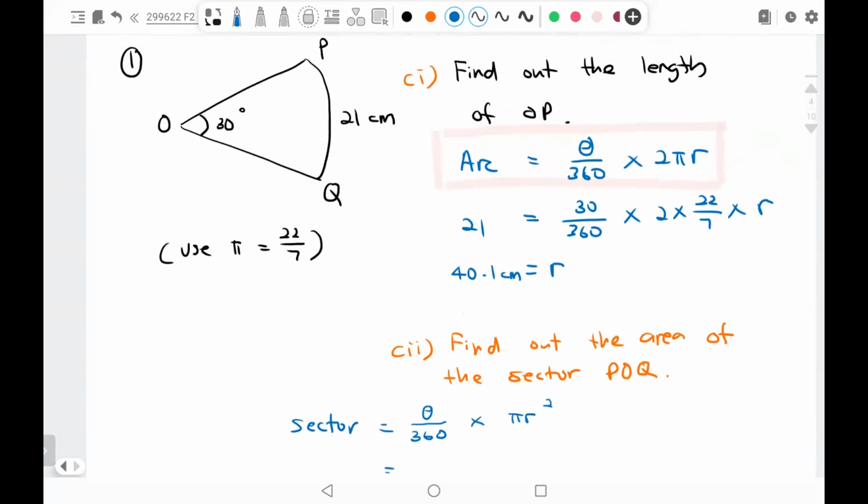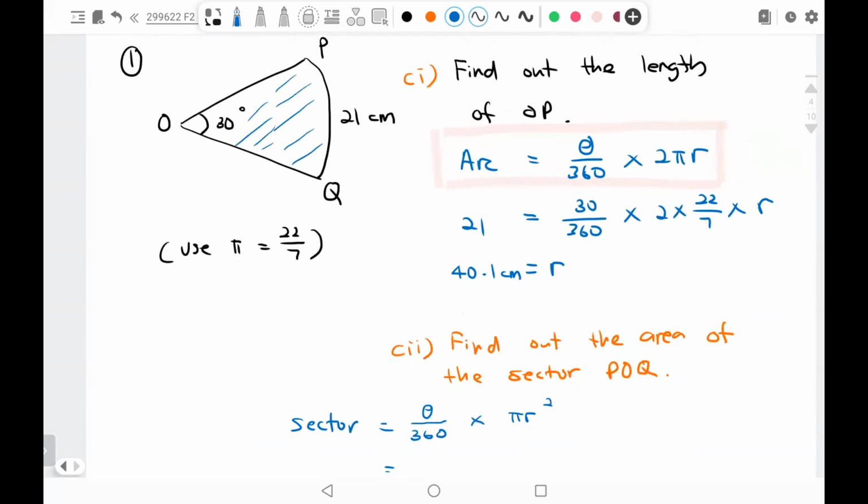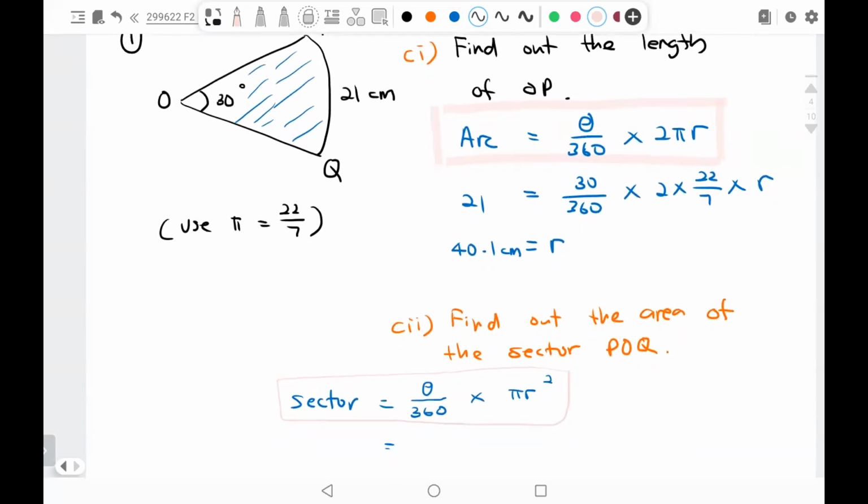Sector POQ means this slice, the space here. So based on the formula, substitute only. So what do you get?